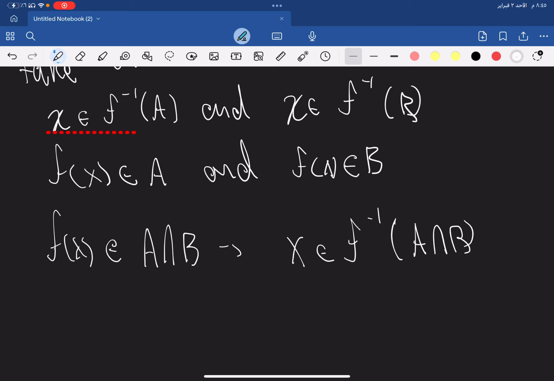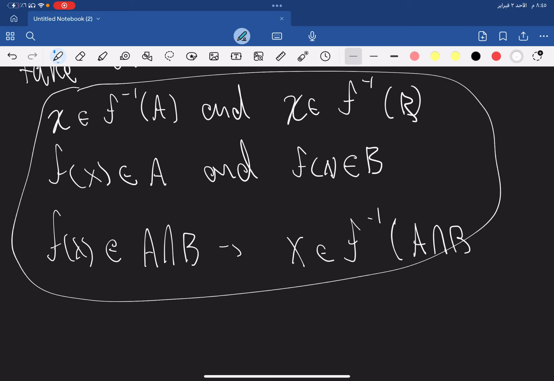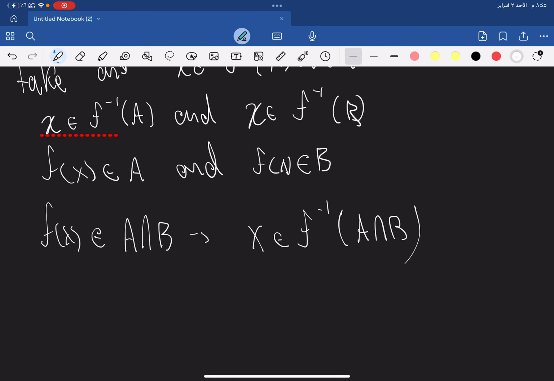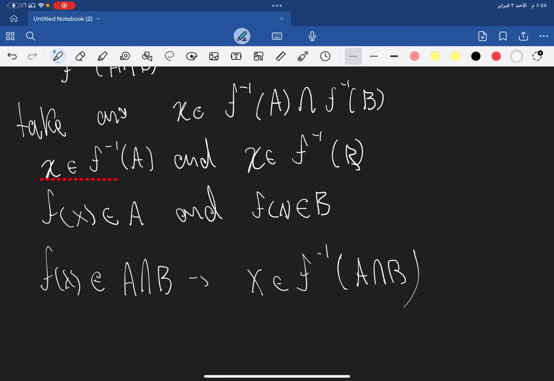I just realized that the whole thing I said is union. So sorry, since it's intersection. Since x was an arbitrary element of F inverse A intersection F inverse B, and then we wrote a little, we got this result.